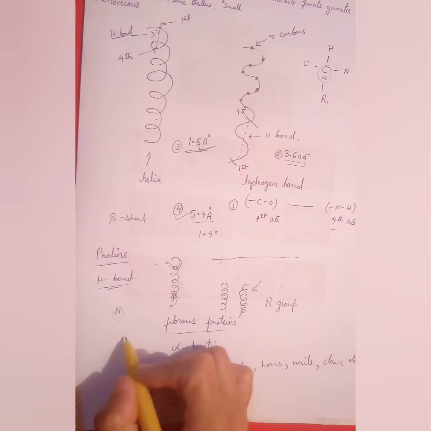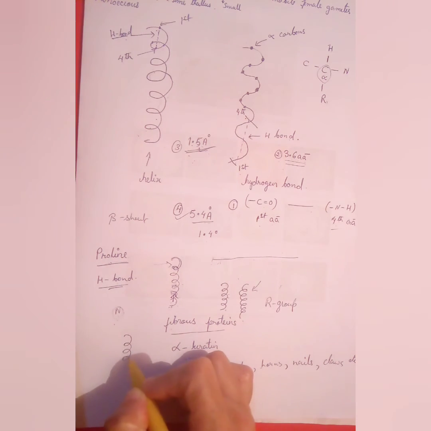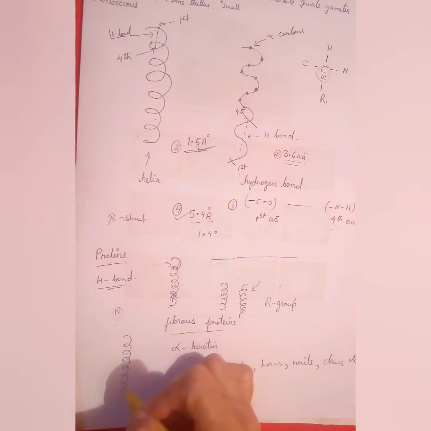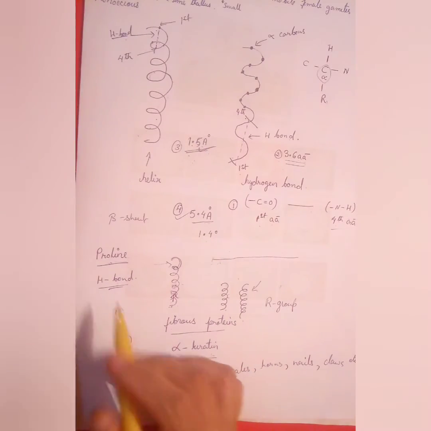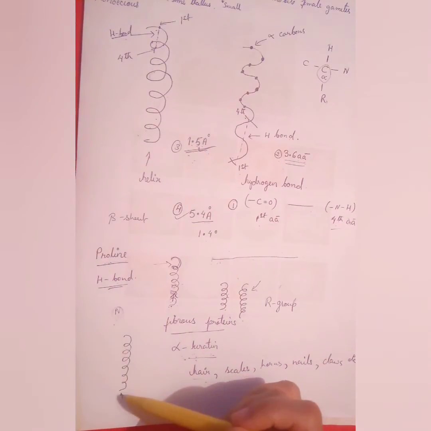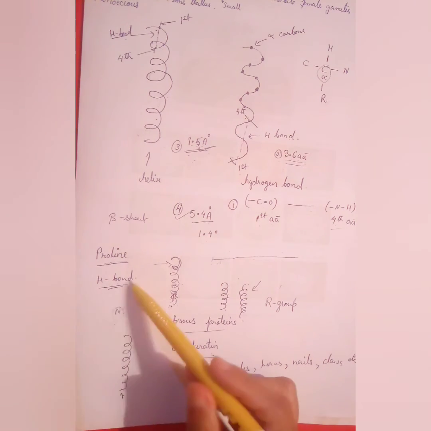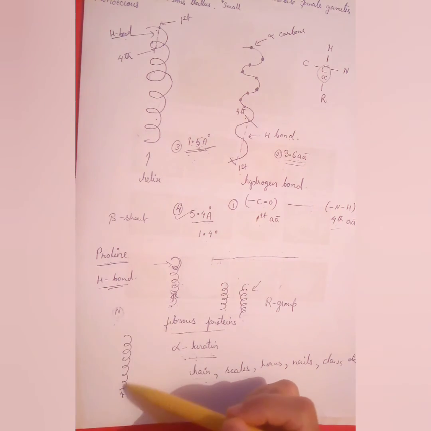We know that once the first turn is formed, the next turn will follow, then the third turn, and so on. So at the end, a proline is usually found. It will alter the direction of the polypeptide chain because it cannot form proper hydrogen bonds, and then the alpha helix will terminate.